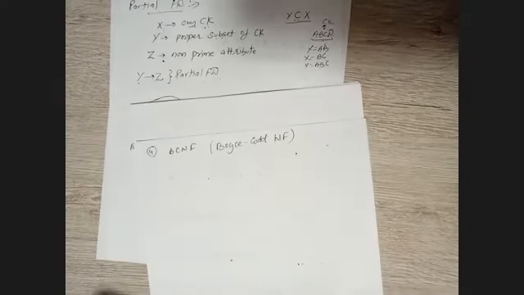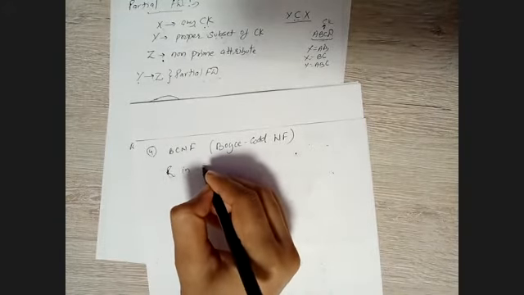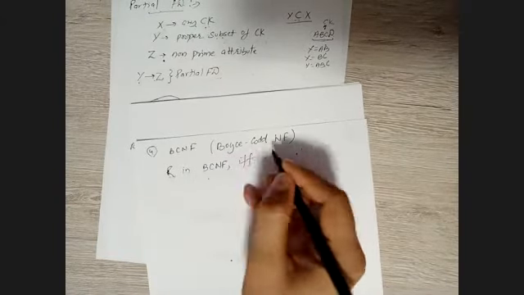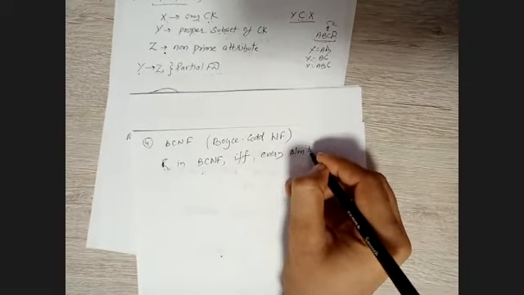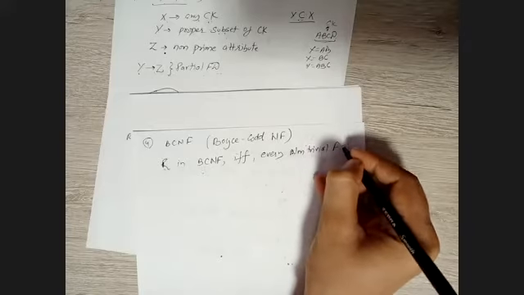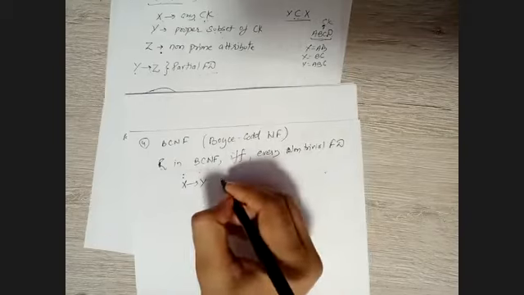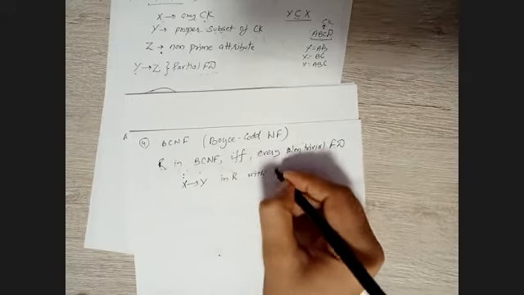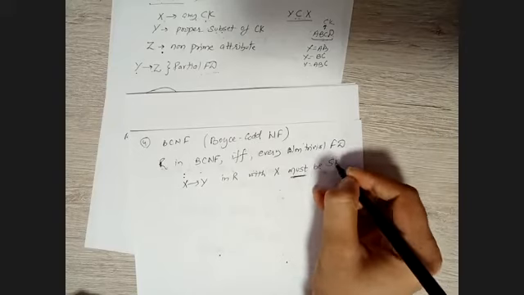So what the scientist said: the relational schema R is in BCNF if and only if every non-trivial functional dependency X determines Y in R has X as a super key.